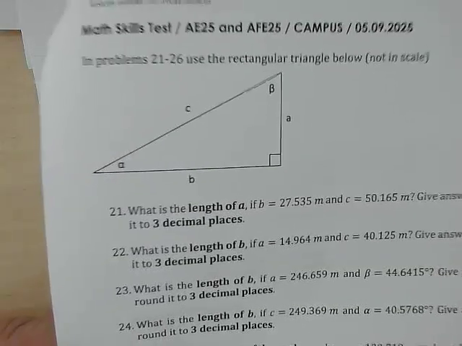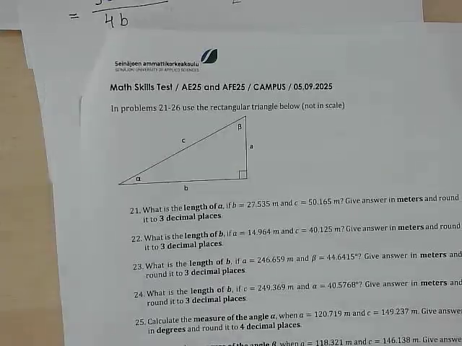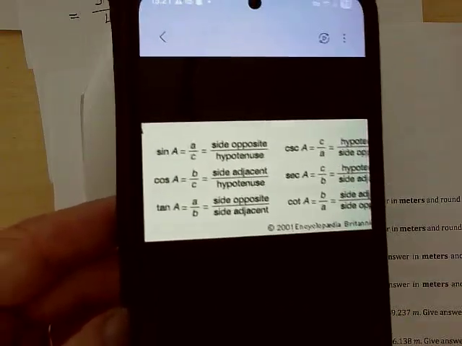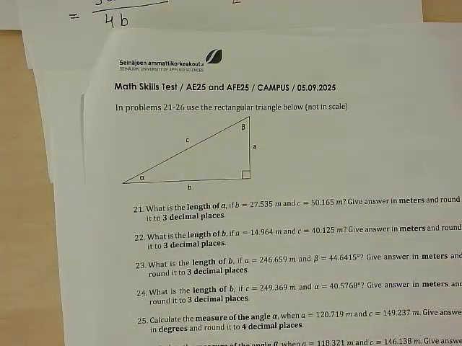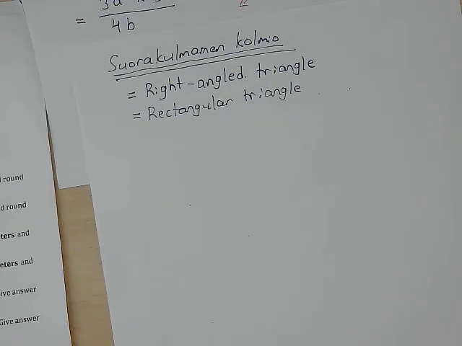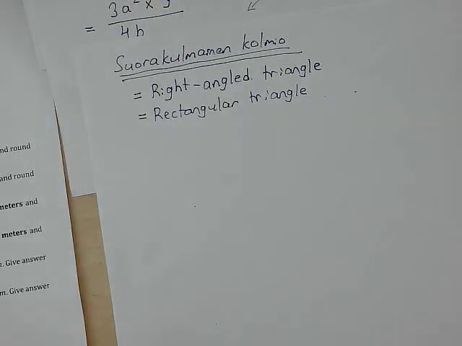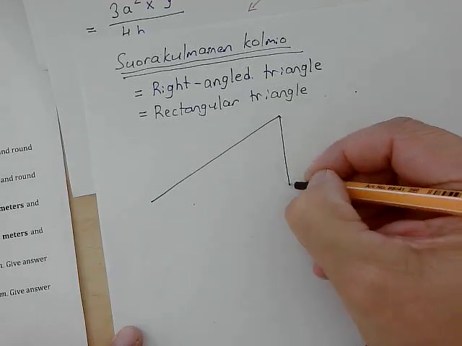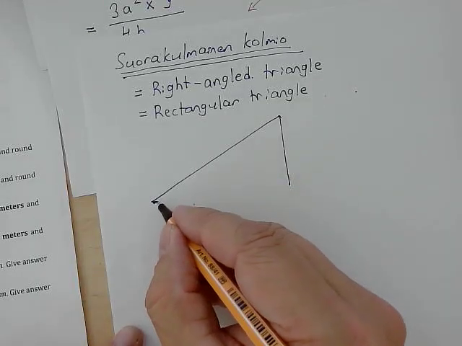Yes. In this formula you see sin A. This means the angle, that A letter after sin. Instead of using the capital for the angle, they use theta. Yes, okay.